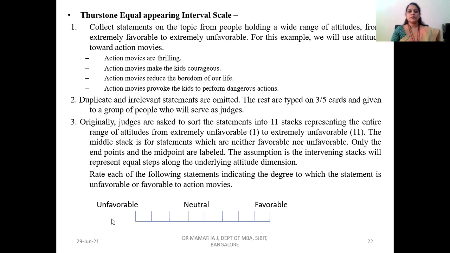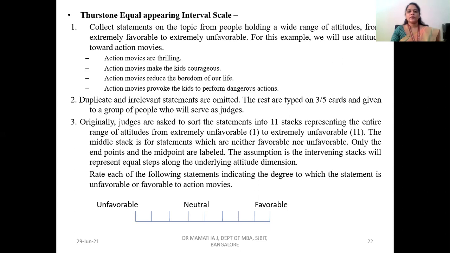So originally these judges will be asked to sort these statements into 11 stacks, representing the entire range of attitude from extremely unfavorable 1 to extremely favorable 11. Okay, a stack of 11. So the middle stack is for statements that are neither favorable nor unfavorable. So only the end points and the mid point are labeled. The assumption here is that the intervening stacks will represent equal steps.